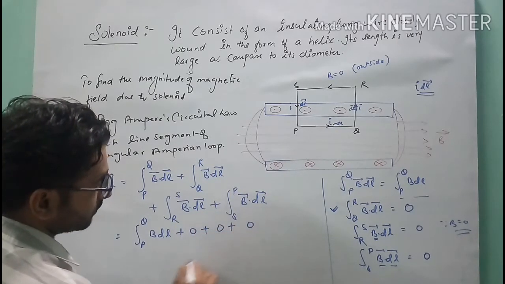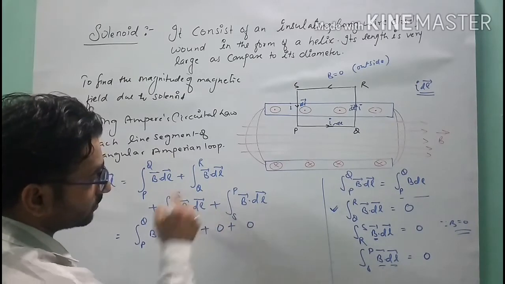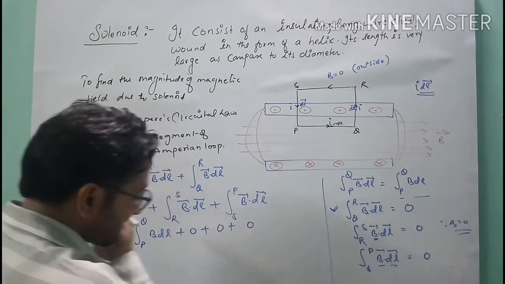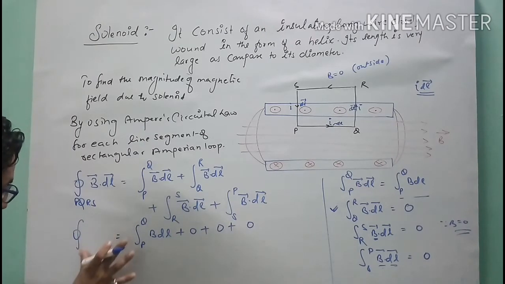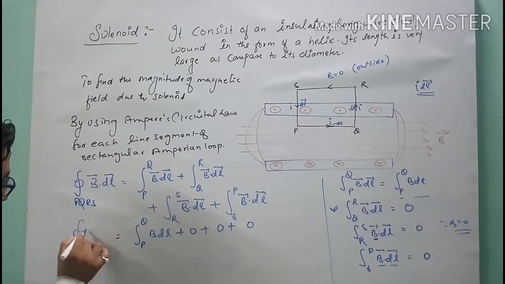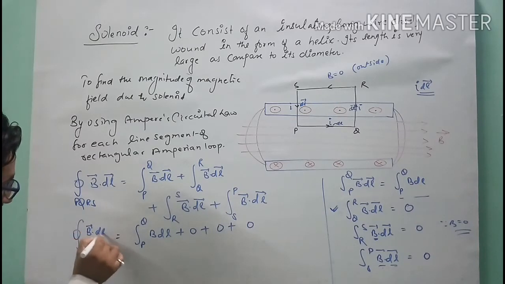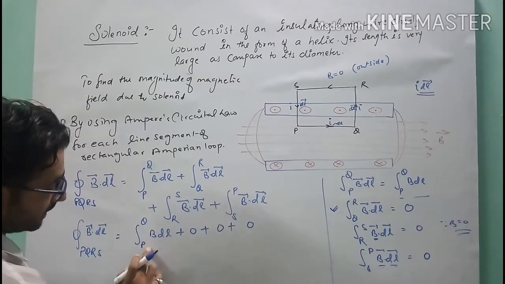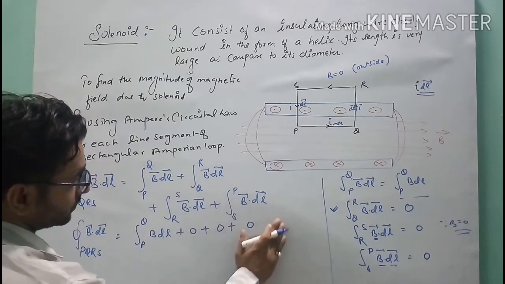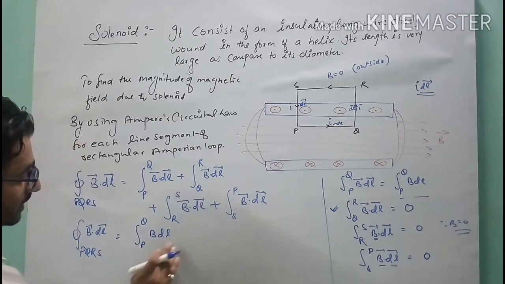This one is also equal to 0. All three will be 0 according to their conditions. At final, I can write the closed line integral of PQRS of B dot dl is equal to the integration of B dl for PQ, plus 0, 0, 0.